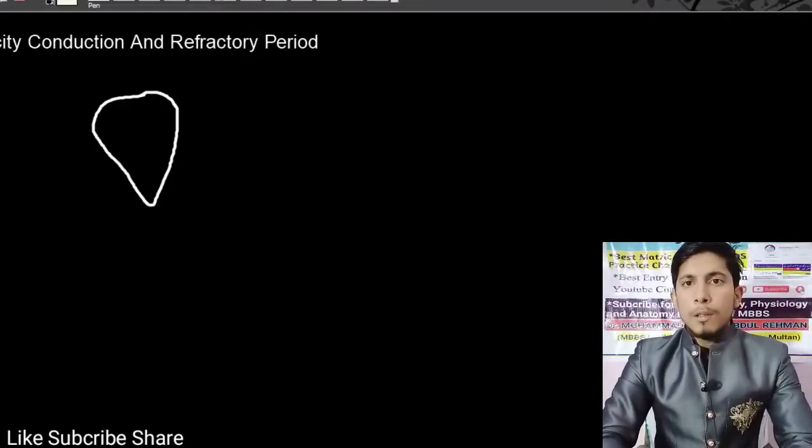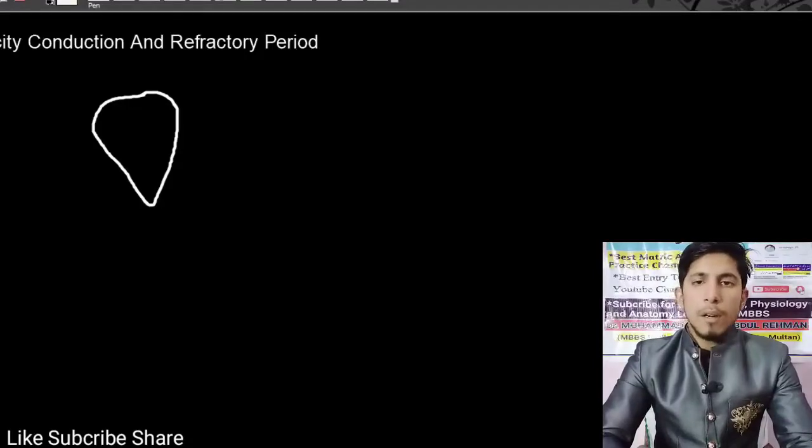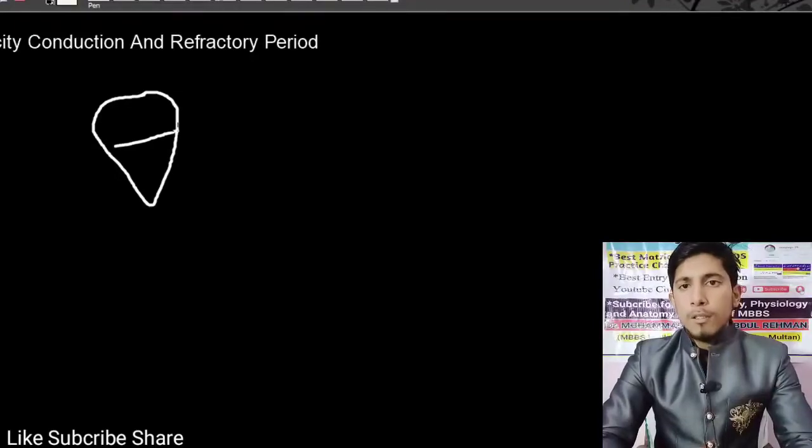Now we are going to discuss the conduction velocity of action potential in cardiac muscles and other types of nerve fibers and skeletal muscles, units that conduct action potential from one part of the body to another part. In heart muscles, the conduction velocity of action potential is approximately 0.3 to 0.5 meter per second.